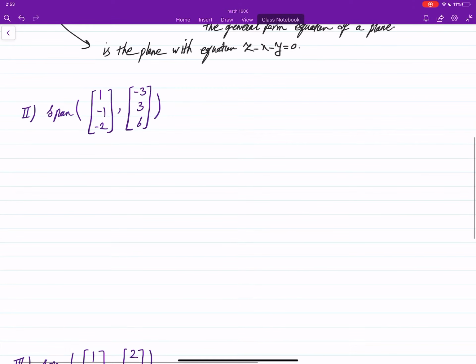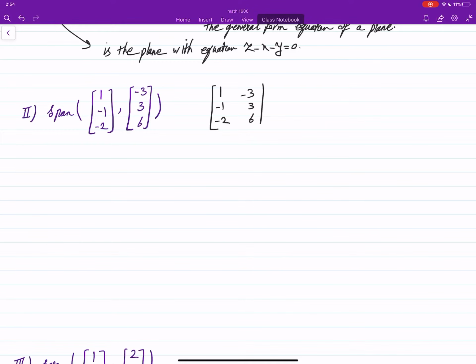How about this other one? Again, we are trying to find all possible linear combinations, so we are trying to see for what values of x, y, z this system is consistent.